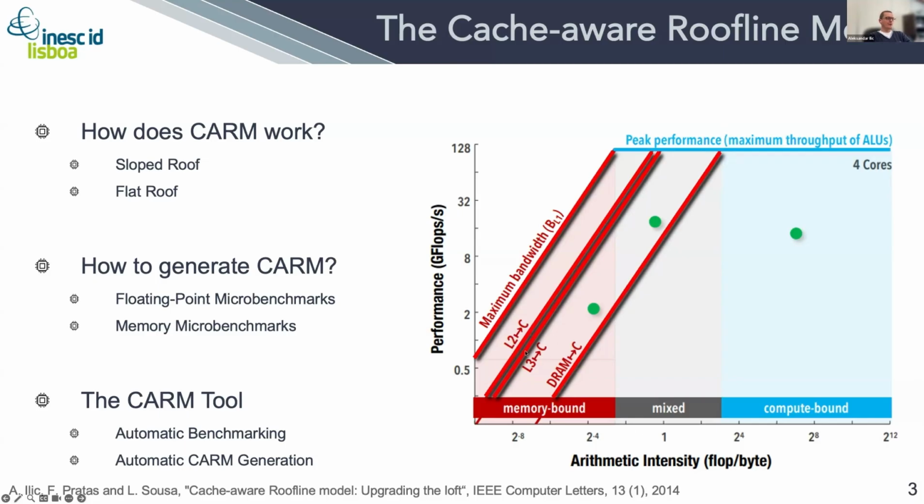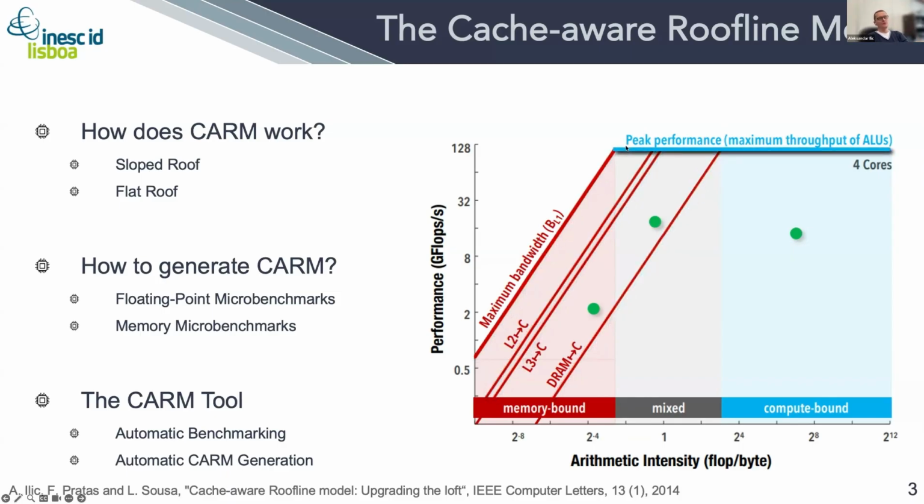As you exploit more locality in your caches, the architecture will reveal more performance, up to the maximum you can get for L1. Of course, the full maximum performance you can only get once you are exercising only compute units. This is represented by this horizontal blue roof, which represents the maximum throughput of your ALUs, or arithmetic operations.